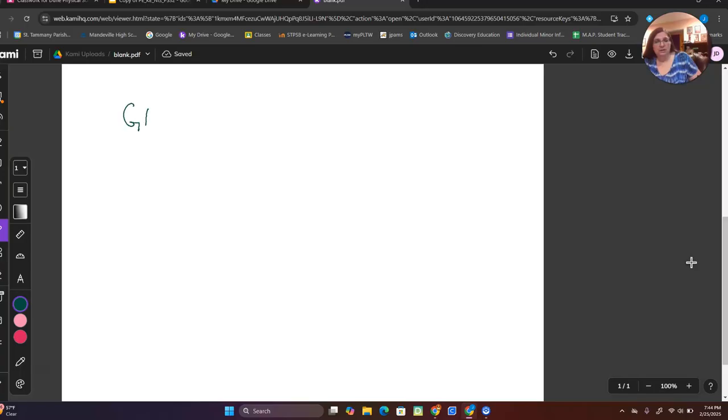So we've got GPE equals mass times the gravitational acceleration times the height. And then we have KE equals mass over 2 times v squared. All right, so I just took the 1/2 and the mass and squished them together. So these are our two equations.